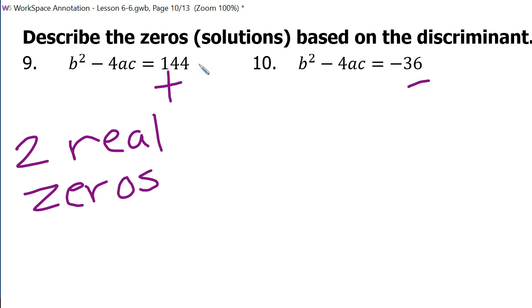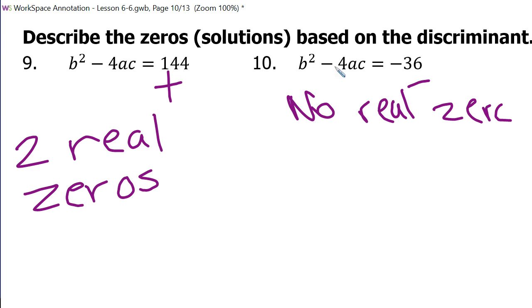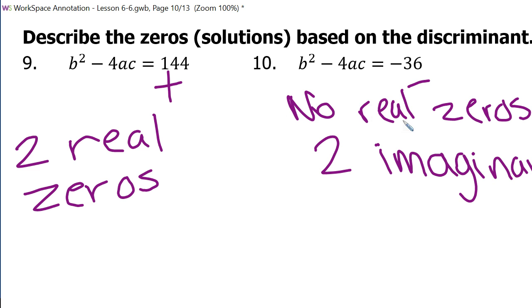So here this would be no real zeros. We have 2 imaginary zeros. So they're not real, they're imaginary.